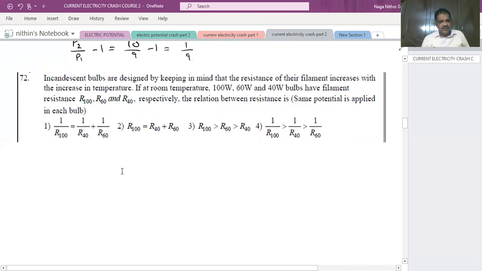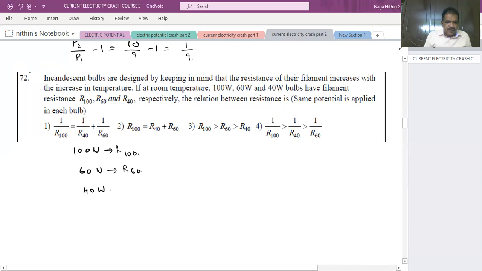What is the relation between the resistances? So when power is 100 watt, resistance value is R100, power is 60 watt, resistance is R60.